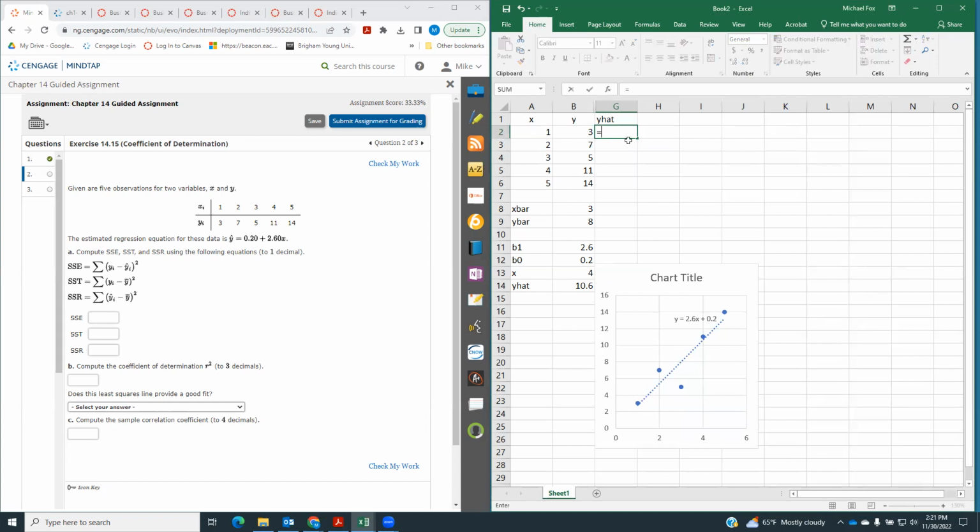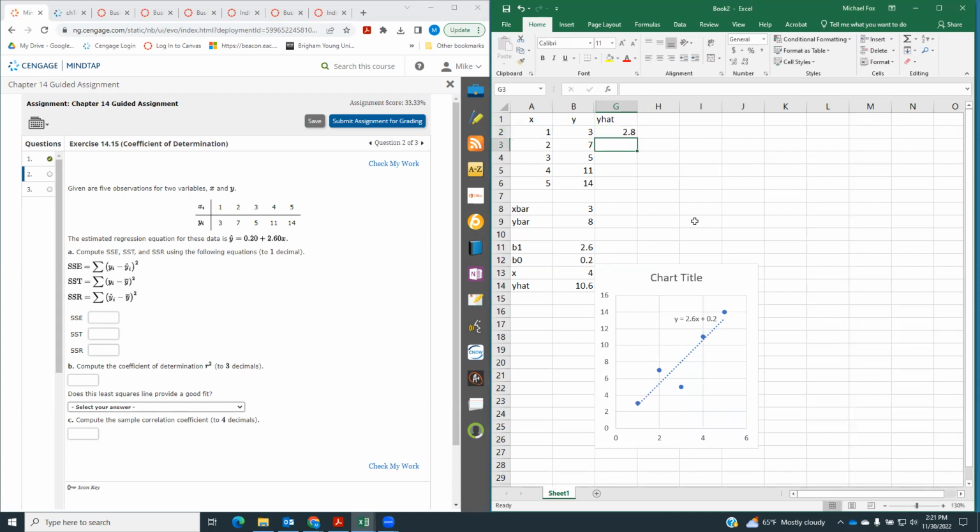And again, I could do this using the formula equals 0.2 plus 2.6 times x, right? And I could put in using these, whatever, I just typed them in this time.